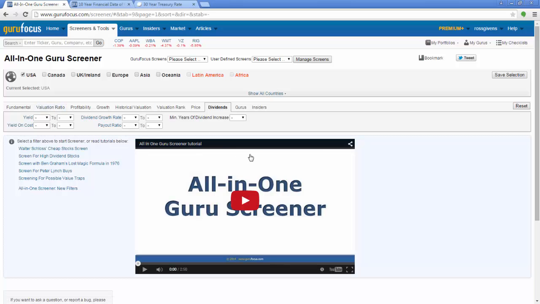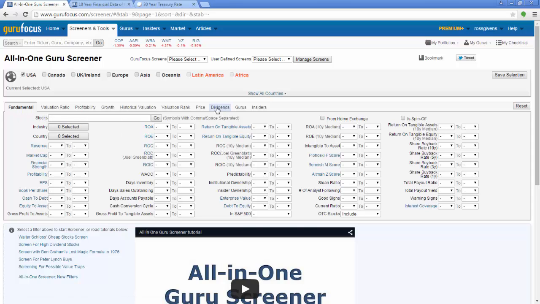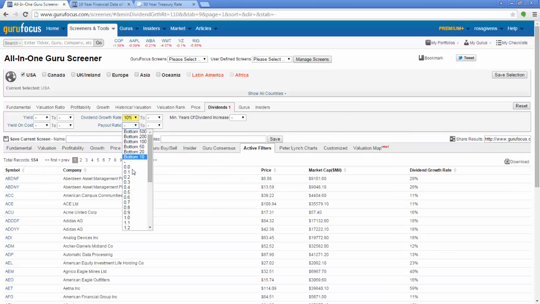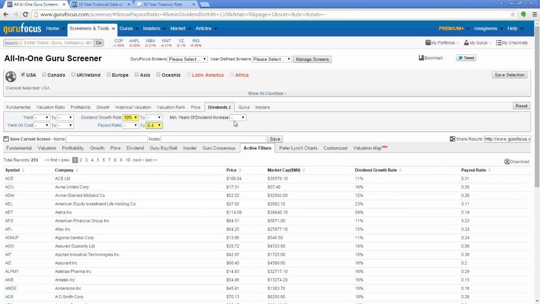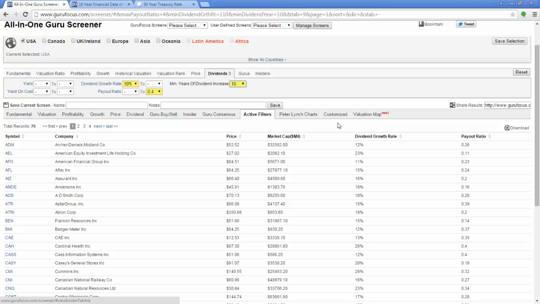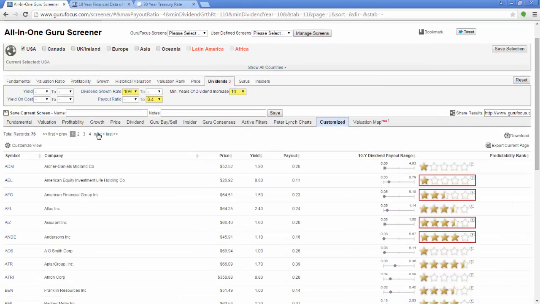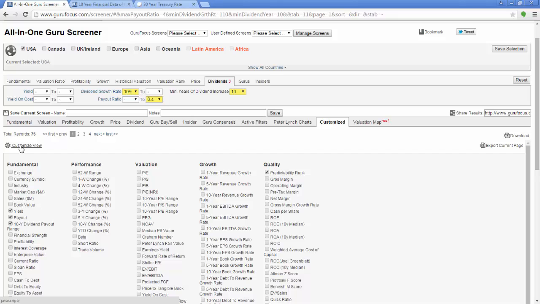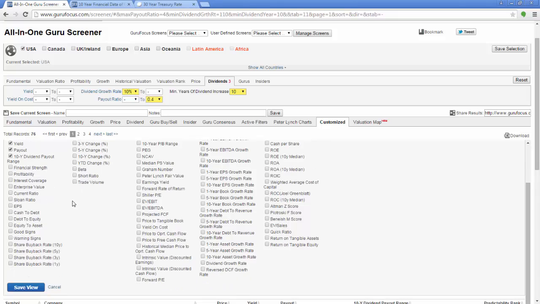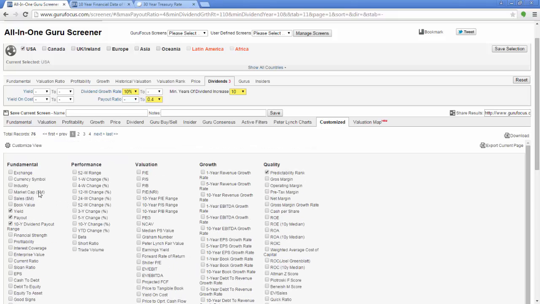So if you're looking at a list of stocks, let's take a look at some here. One of the things you can display, if we go to customized view, is the 10-year dividend payout.